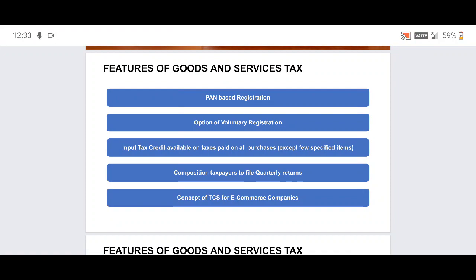Let's move forward to the third and very important feature of GST. Friends, whatever GST you pay on the purchases is allowed to you as an input tax credit, except some specified items.